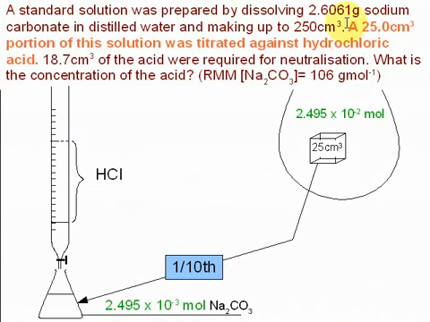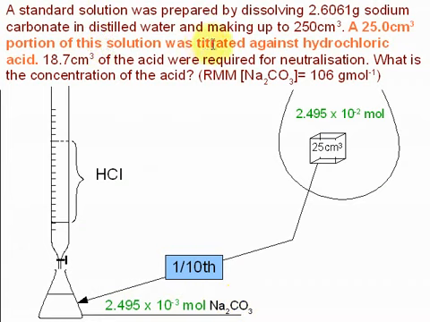The next line of the question begins, a 25 cm cubed portion of this solution. 25 cm cubed of the 250 cm cubed volumetric flask is 1/10. So we're going to take out 1/10 of the sodium carbonate. So this value here is times 10 to the minus 3, as opposed to that one, which is 10 to the minus 2. This is 1/10 of the amount of sodium carbonate.